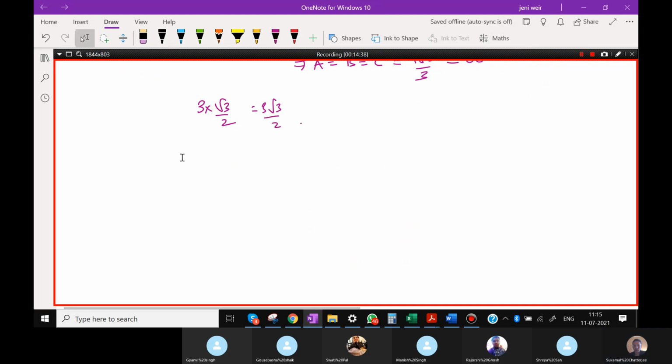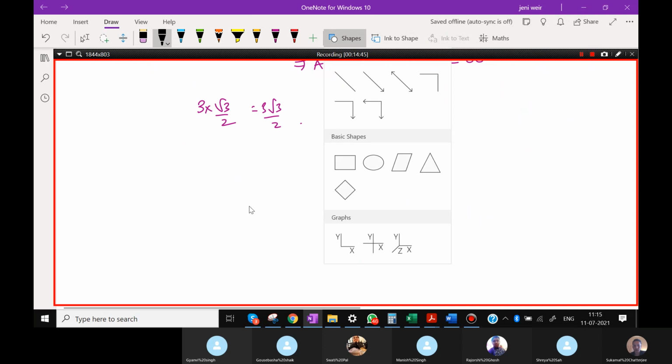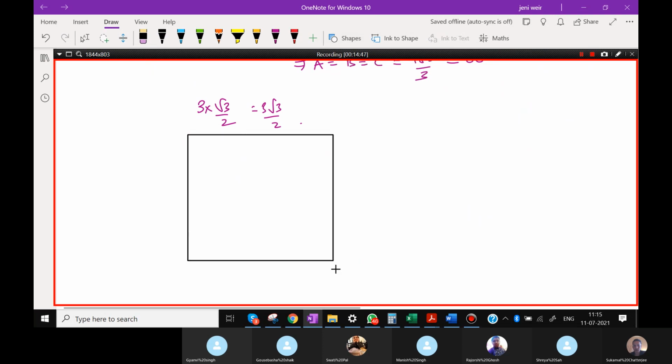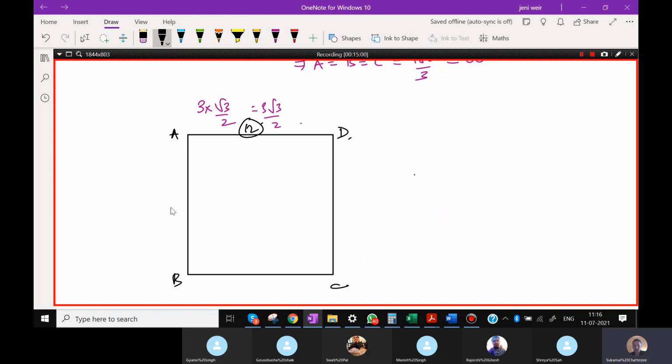Okay. Another example of this is: ABCD is a square of sides 12 centimeter each, and 4 square corners are cut off from this square.